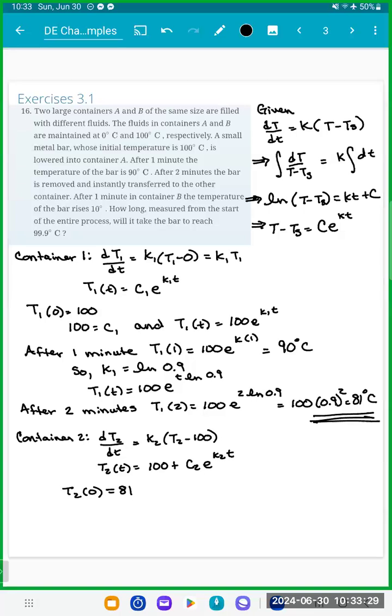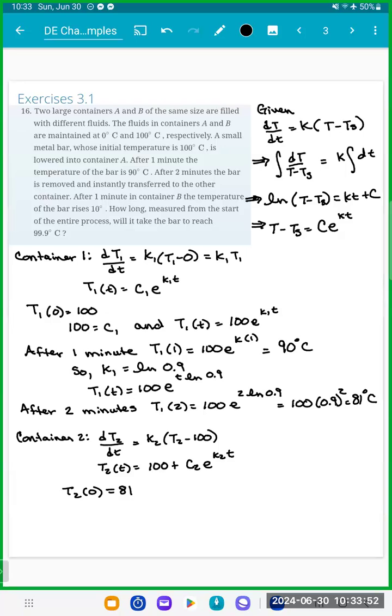We remove it from the first container and immediately put it into the second container. So the bar's temperature when we initially put it into the second container is where it finished after 2 minutes in the first container. So that's the 81 degrees for our initial starting temperature for that.